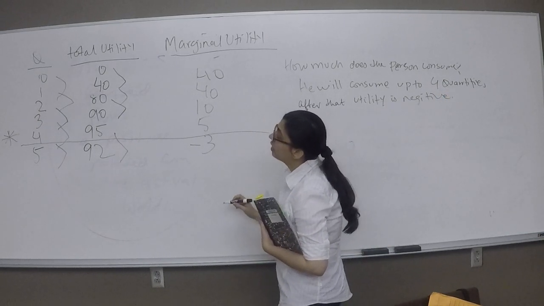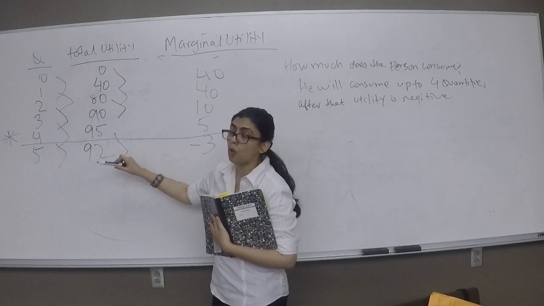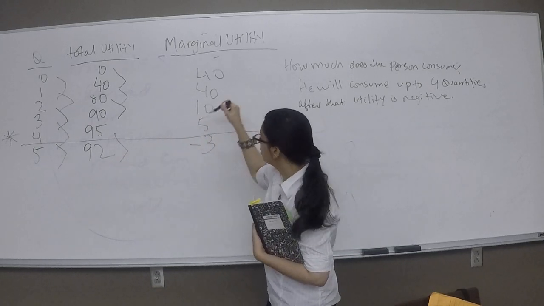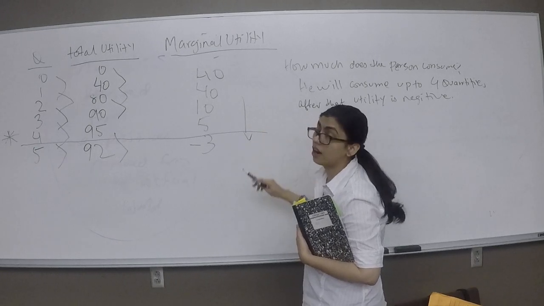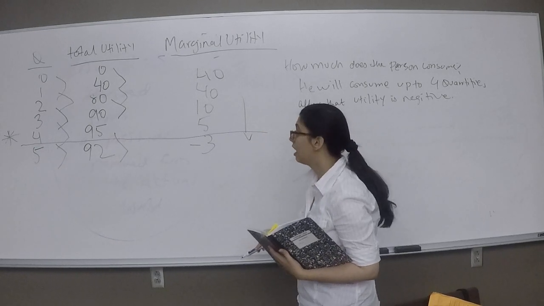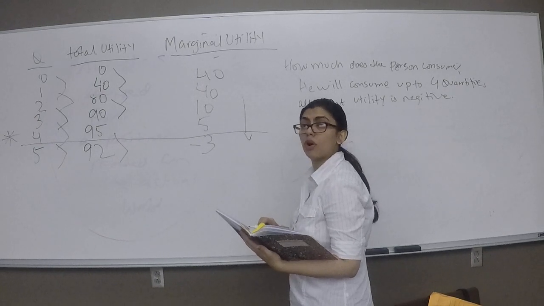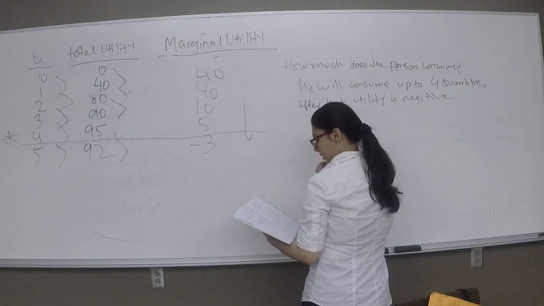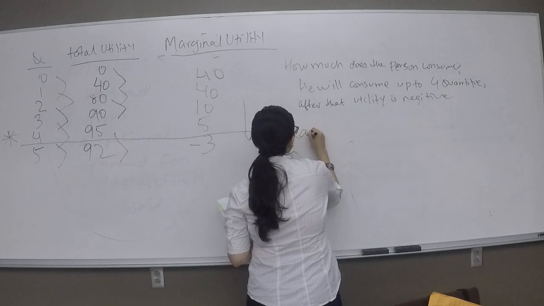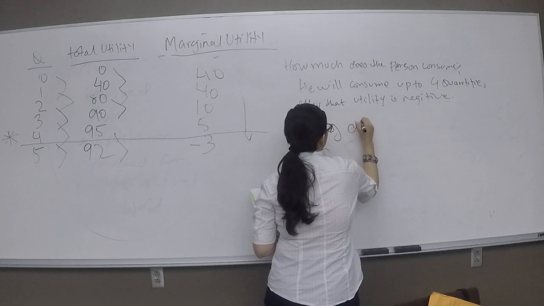Now notice something, that as he consumes more quantities, his utility is going down, is decreasing. That is the law of diminishing marginal utility.